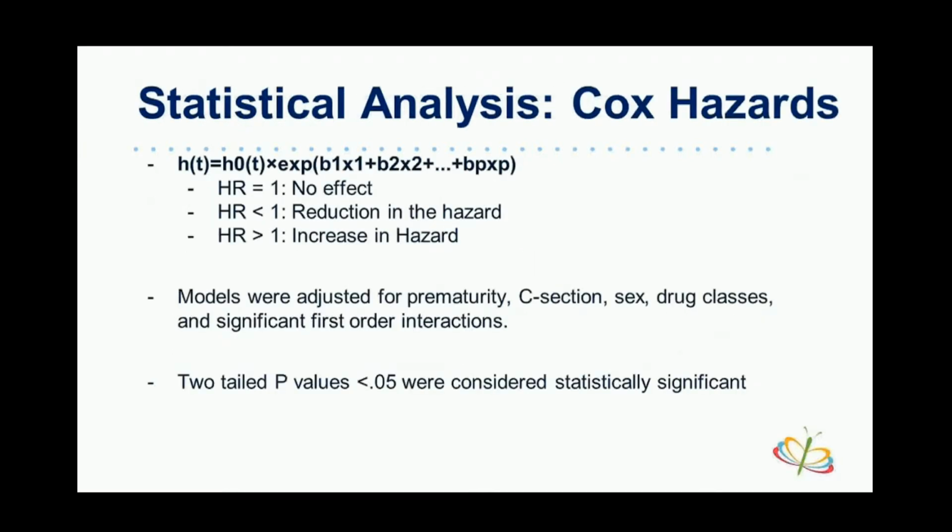So the math nerd in me decided that we needed a formula for this afternoon. Here is our Cox hazard formula, and we're going to break this down in just a minute. What the Cox analysis does is determine the relative risk as seen from a study. Excuse me, the hazard ratio.